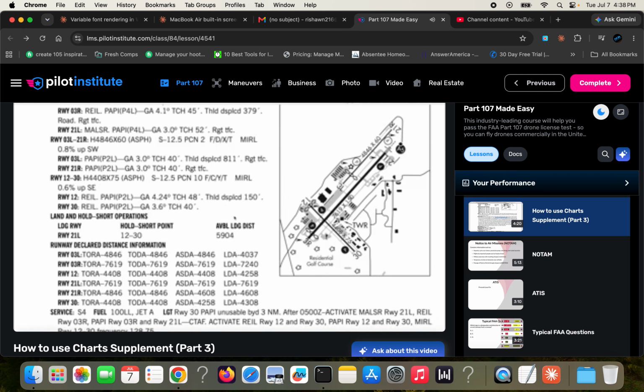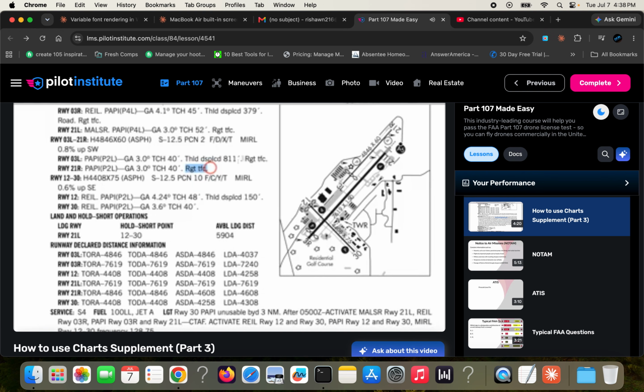Now, here's the trick with the traffic pattern in the chart supplement. As you can see, we talked about this, the right traffic here, but for this runway 12 and runway 30, you notice that there's nothing at the end. Nothing at the end means it doesn't say LFT or left traffic. It doesn't say anything. And the fact that it doesn't say anything tells us that it is indeed a left traffic.